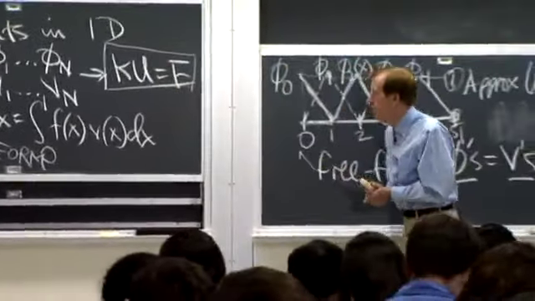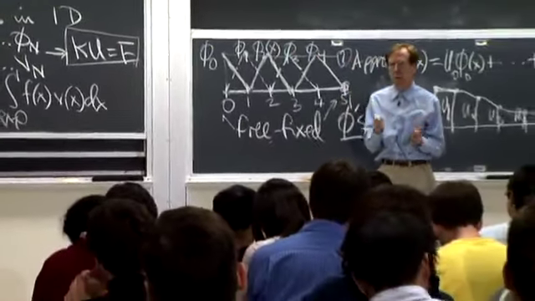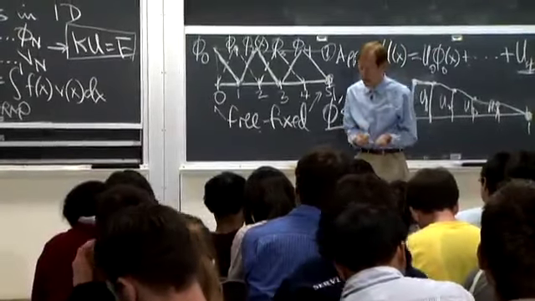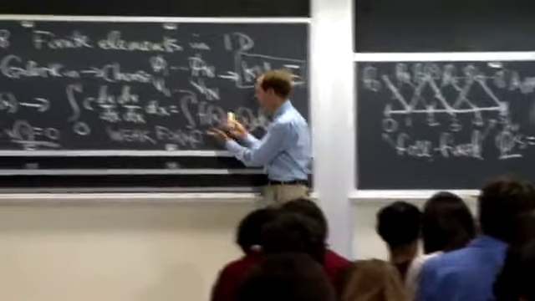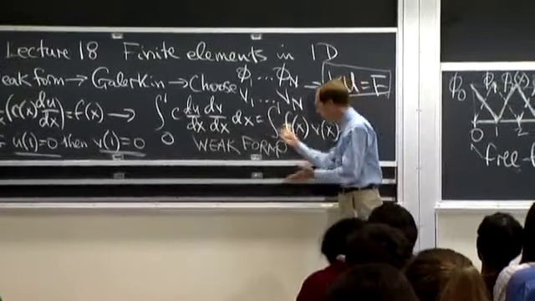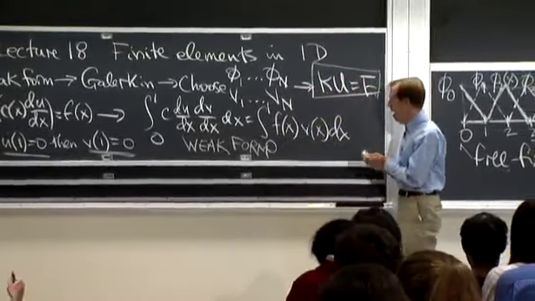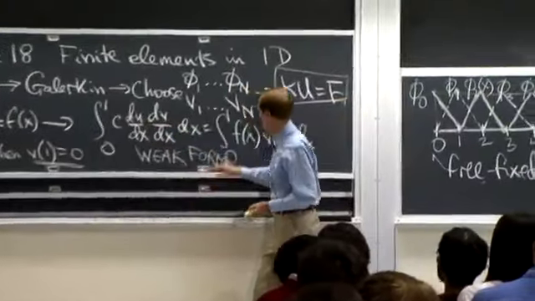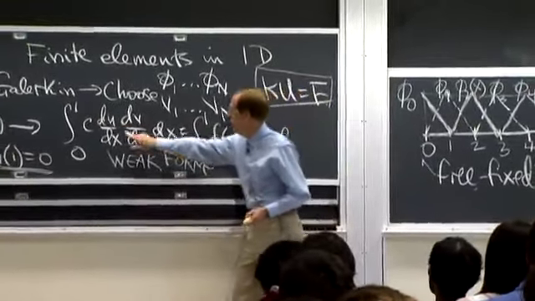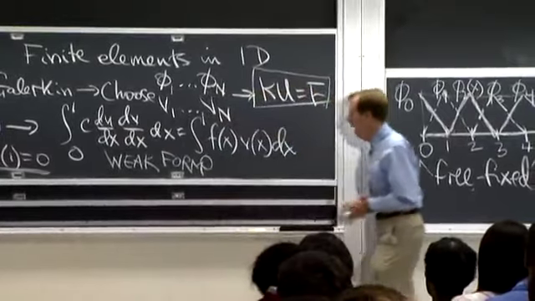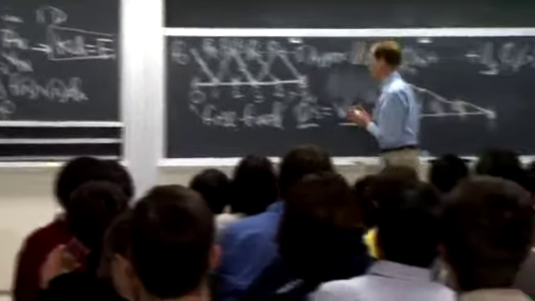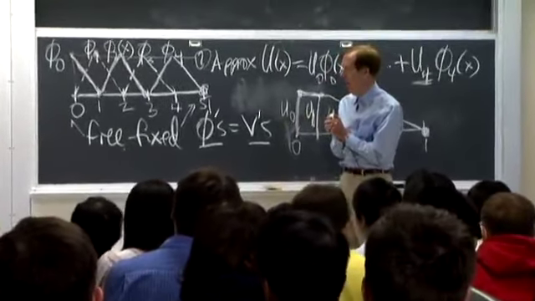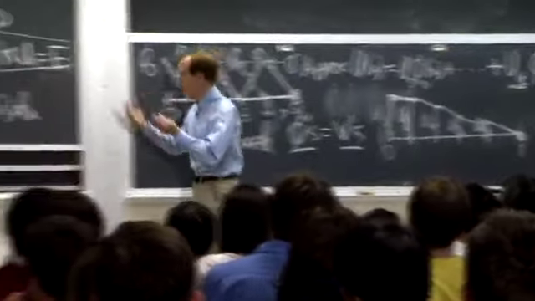Okay. So here's now a critical moment. Where do the equations come from? Well, the equations come from the weak form. So I take the weak form, and for u here, I put capital U. So can I just copy?